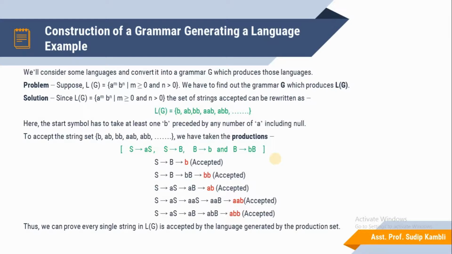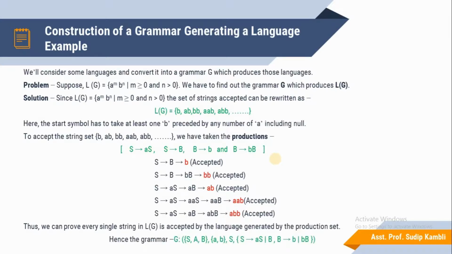So this is how to check whether strings are accepted by the production rules. Thus we can prove that every string in the language of the grammar is accepted, being generated by the production set.